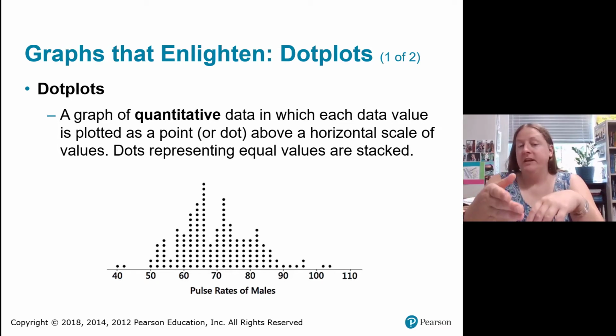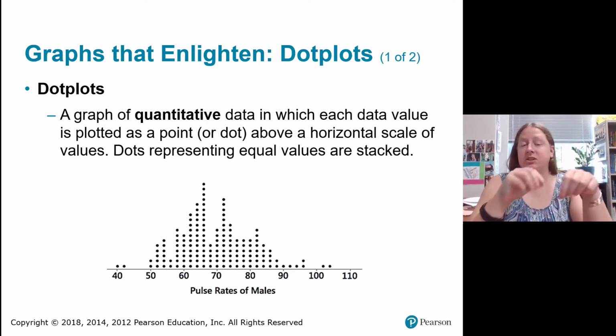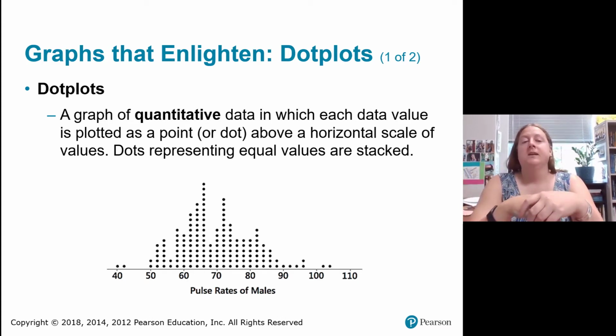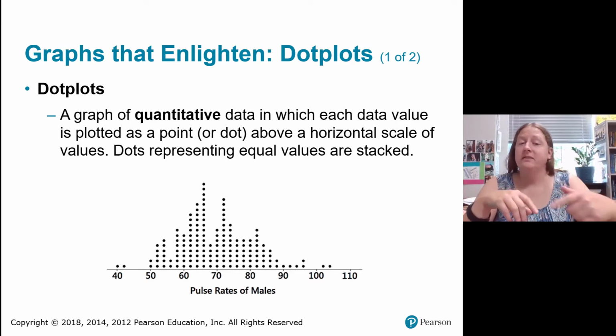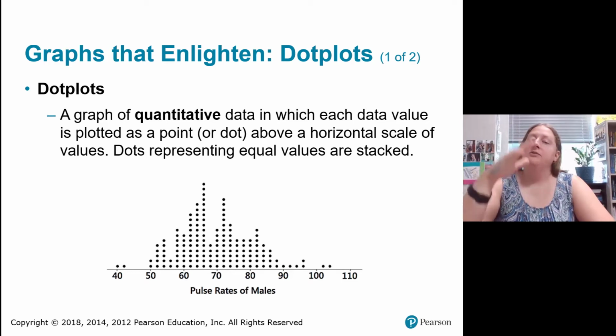A dot above 90 represents a pulse of 90, above 82, a pulse of 82. So all of these dots here represent a data point, and each data point is the pulse rate of some male. Dot plots will only have a horizontal axis, as that's the only thing that we need, and you can see the frequency, kind of like you could with a histogram, just by how tall the stack of dots becomes.